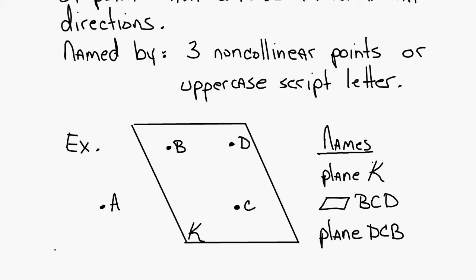It's non-coplanar. The 3 points have to be on the plane and not on the same line. This is real important when you're naming a plane. 3 non-collinear points. They cannot be on the same line when you're naming a plane.